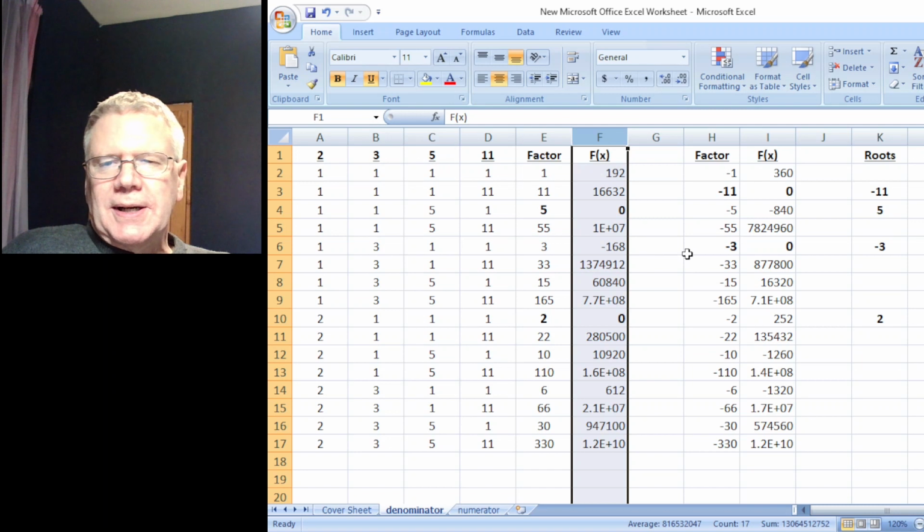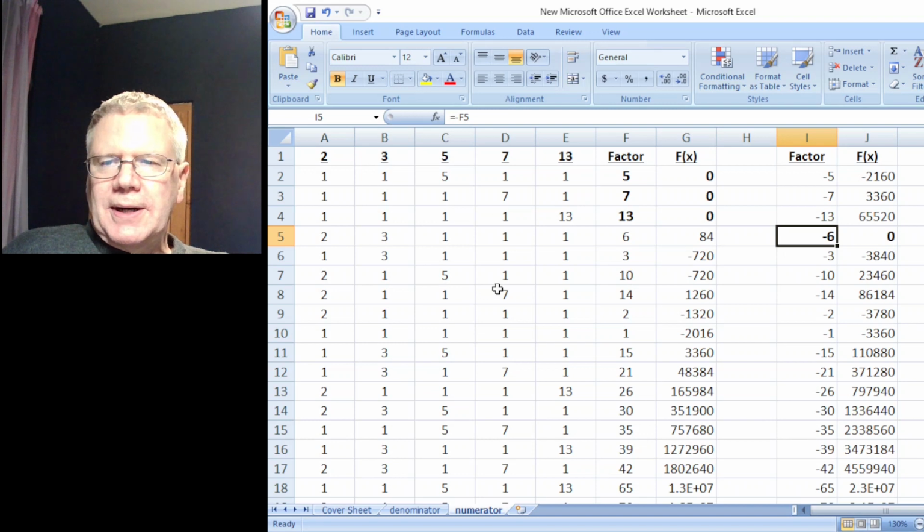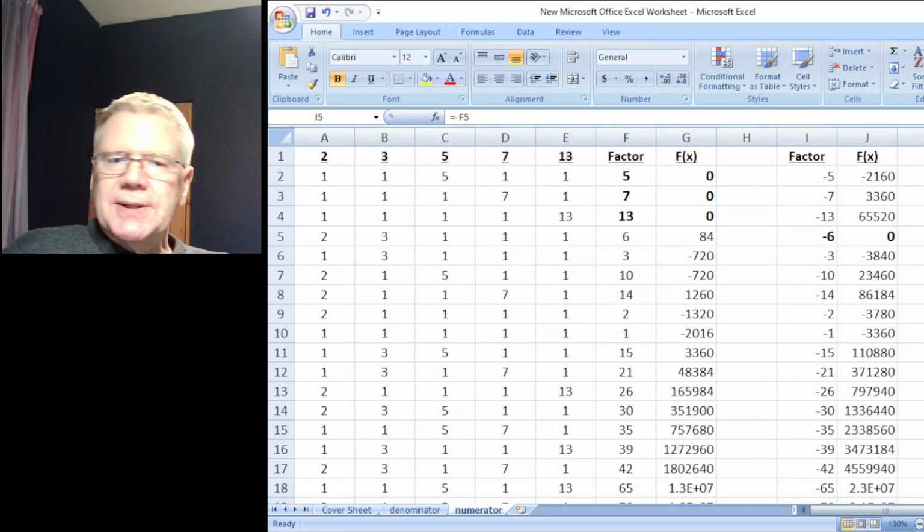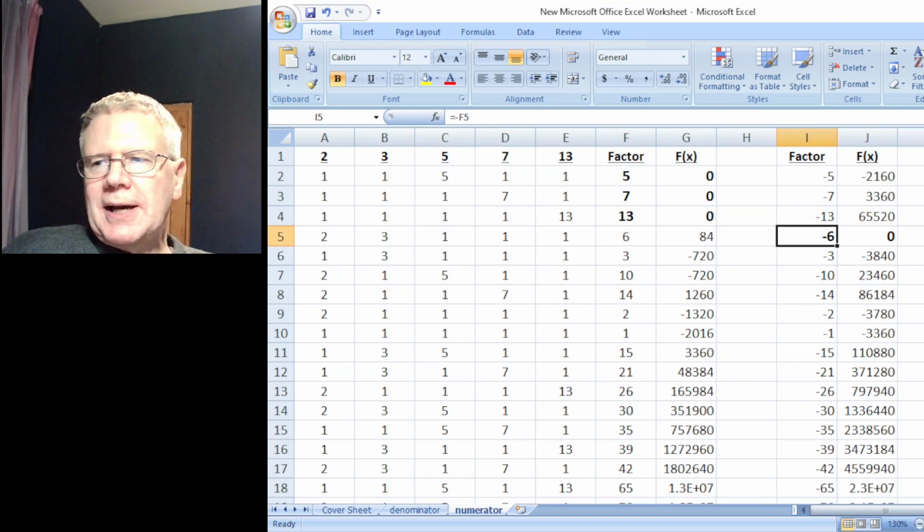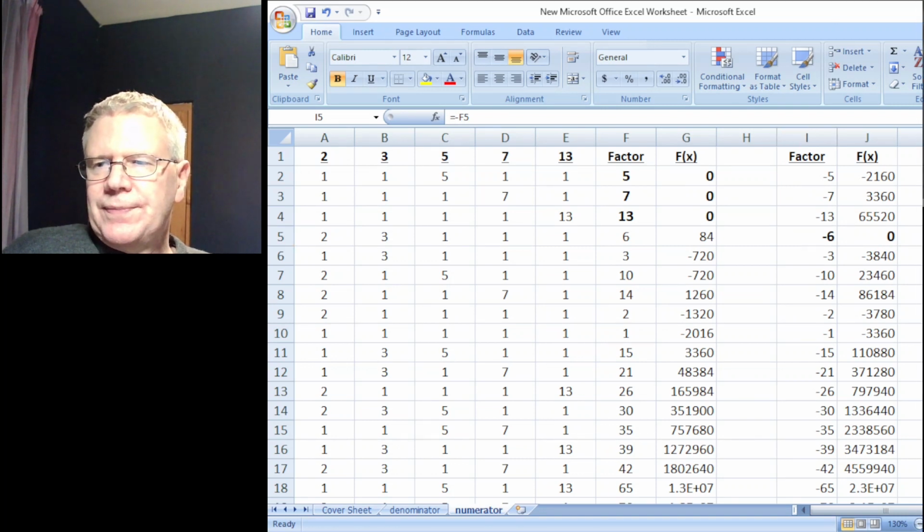And this is a lot easier than trial and error by hand, although it's not as simple as putting it into Symbolab. I did the same thing on the numerator, although this was sorted later so that all of the zeros are at the top, so you won't see the pattern in the area over here. But that's how I found the factors, not the prime factors, but the actual factors of the function.